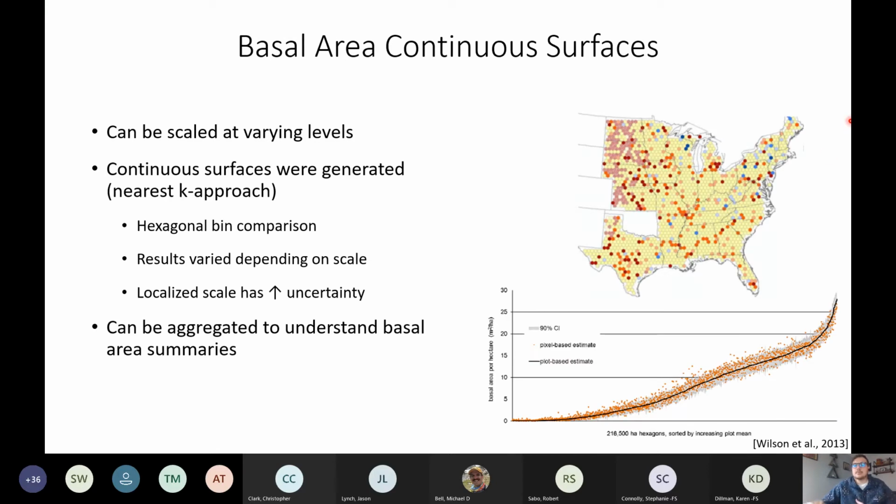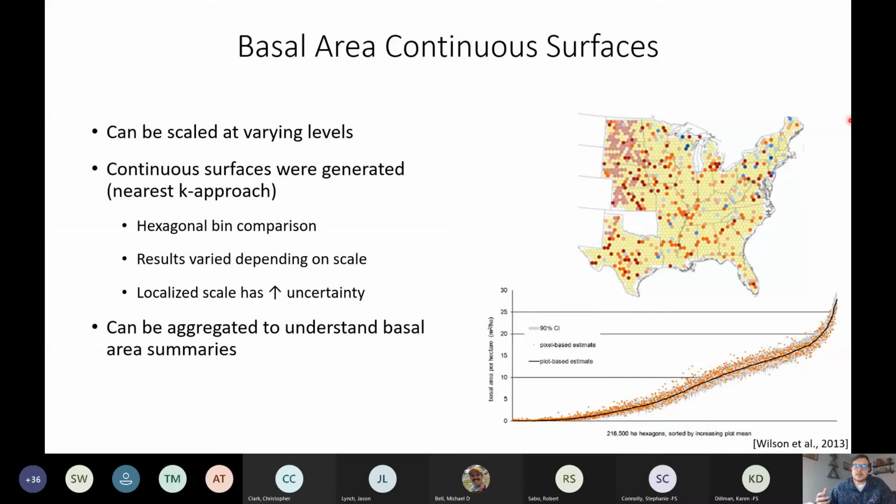So moving along, a number can be estimated for species. So say you had balsam fir and you did all these measurements, you scaled it up, and then you have an estimate of the basal area of balsam fir within a given area. But you may also want to look at the spatial distribution. So a Forest Service publication by Wilson et al. in 2013 actually estimated the spatial distributions using a nearest neighbor approach.